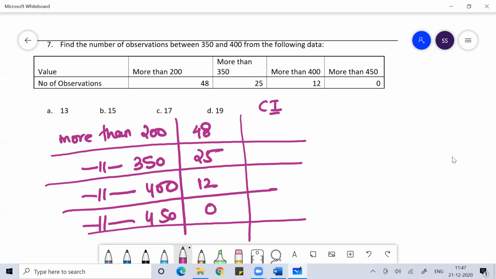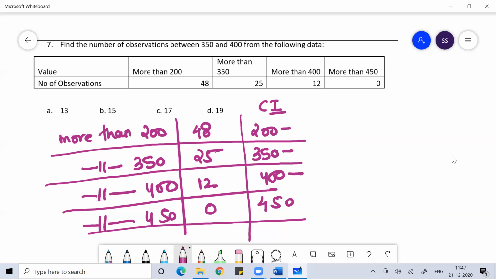Whenever you see more than data, always remember, with more than we always use the lower limit. So you write 200, then the next lower limit is 350, then the next lower limit is 400, then the next lower limit is 450.